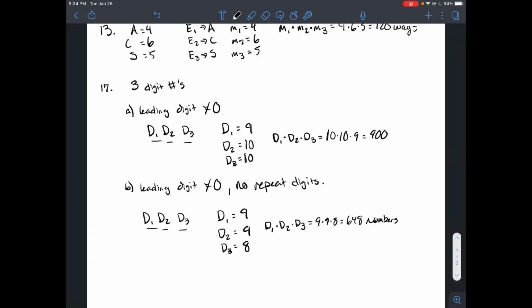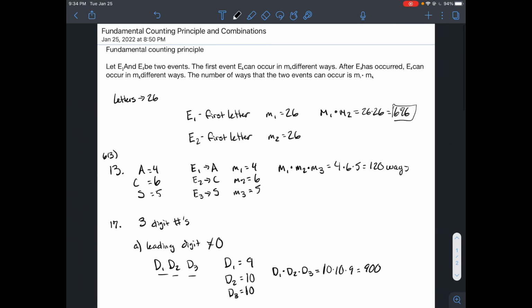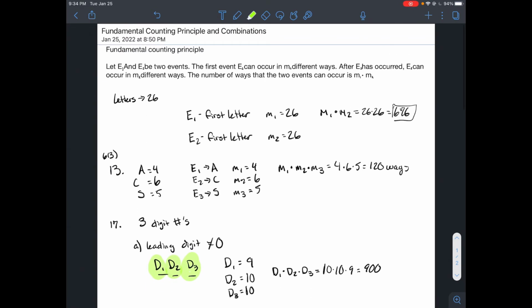So this is what the fundamental counting principle is. You take an event, any event. In this case, with our digits, our first digit is one event, our second digit is another event, and our third digit is another event, and each one of those can occur in a different number of ways, and this is going to change based on conditions set in the problem.